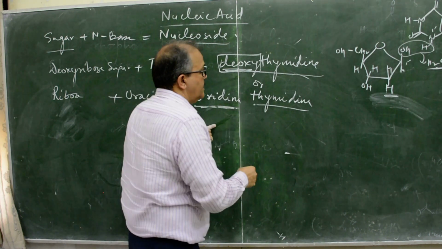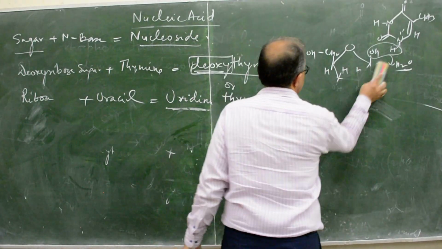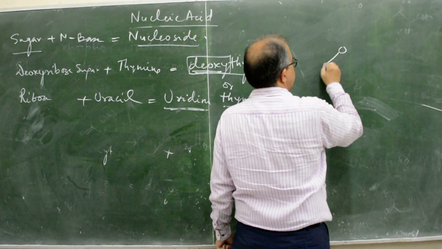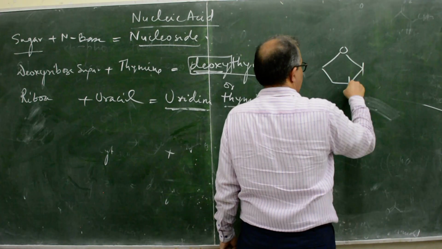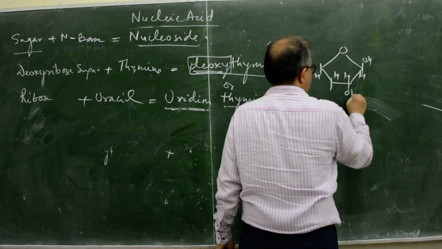So uridine: this is a sugar, ribose sugar.